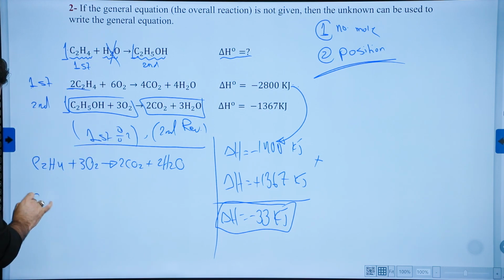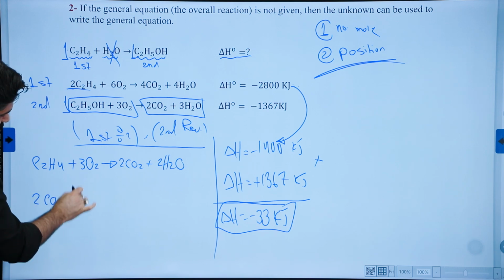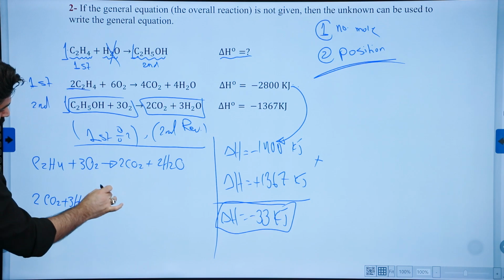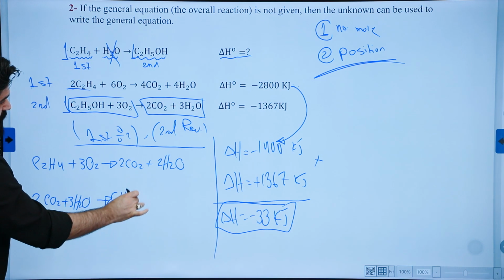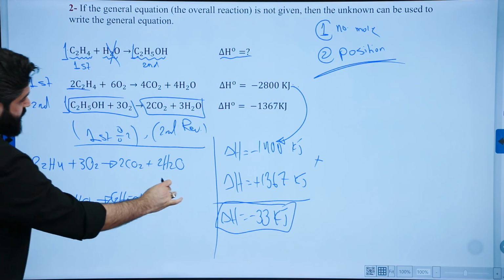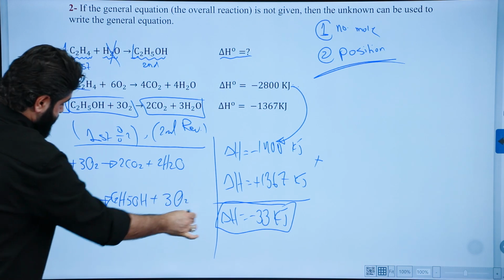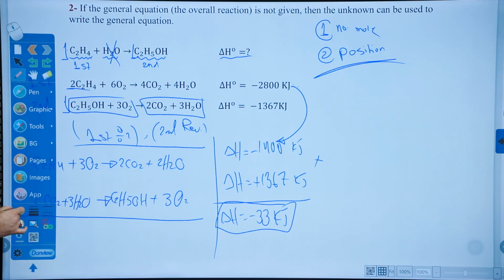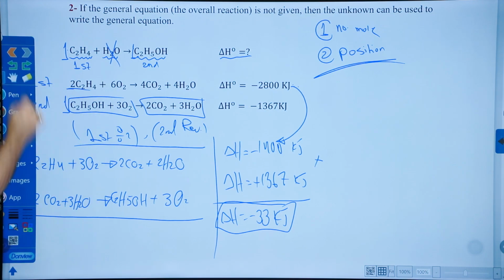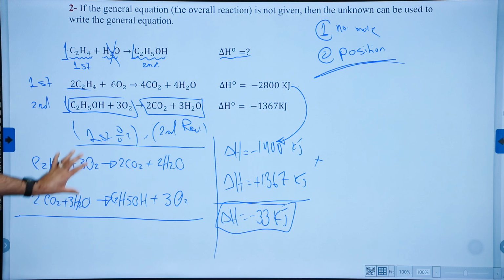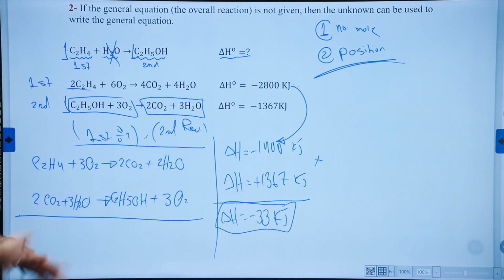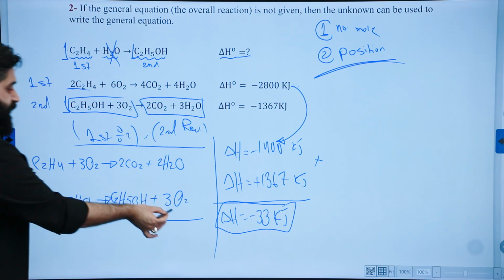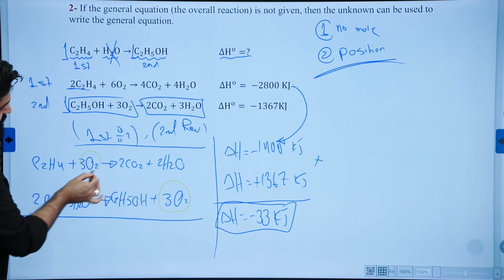Good. 2CO2 plus 3H2O to form C2H5OH plus 3O2. Good. Nice. One more thing. Reactants with reactants, they must be added. Products with products must be added. And reactants with products, they cancel out each other. 3O2 with 3O2 must be cancelled.